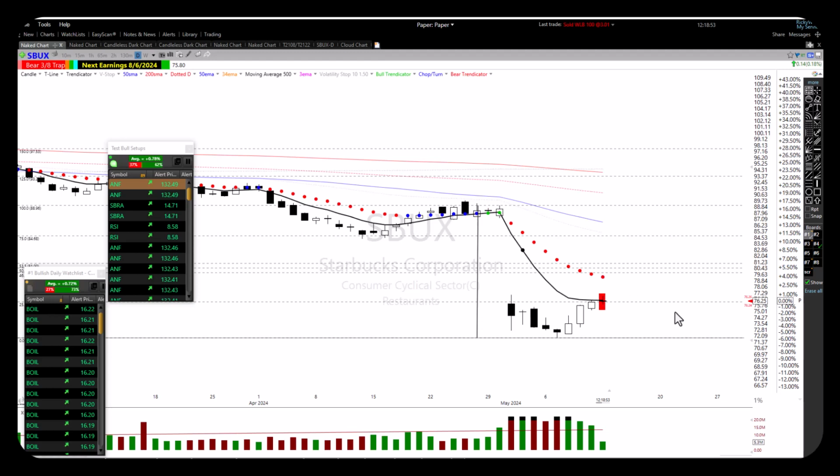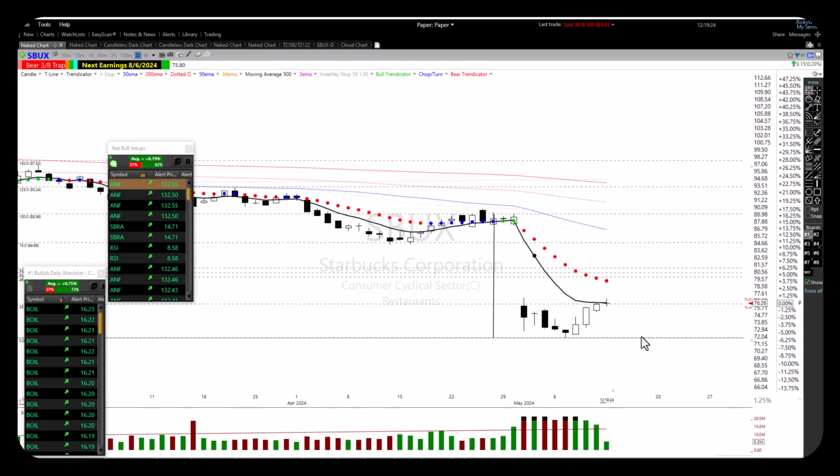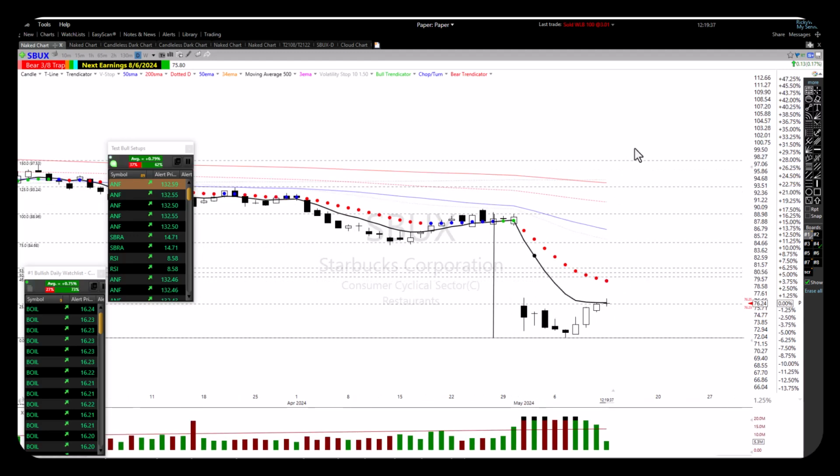Yes, it's still in a downtrend line, but it doesn't mean it's a short. So it's not something I'm going to short right now. And like I said, I'm kind of waiting. It may pull back a little bit, but I'm looking for the signal to maybe trade it up to about this area long off the bottom here. All right.